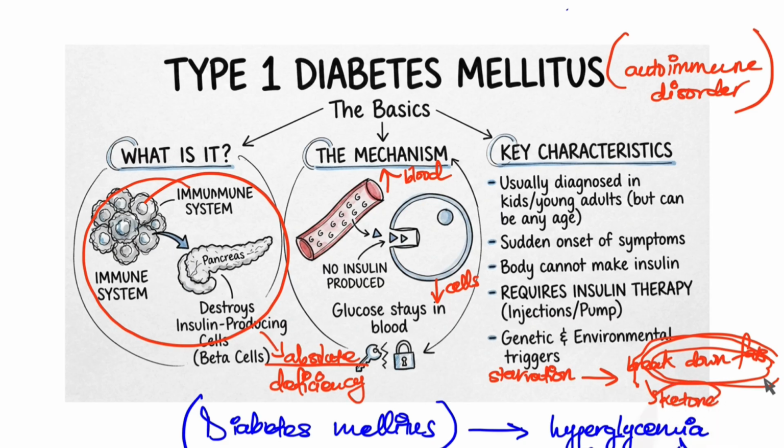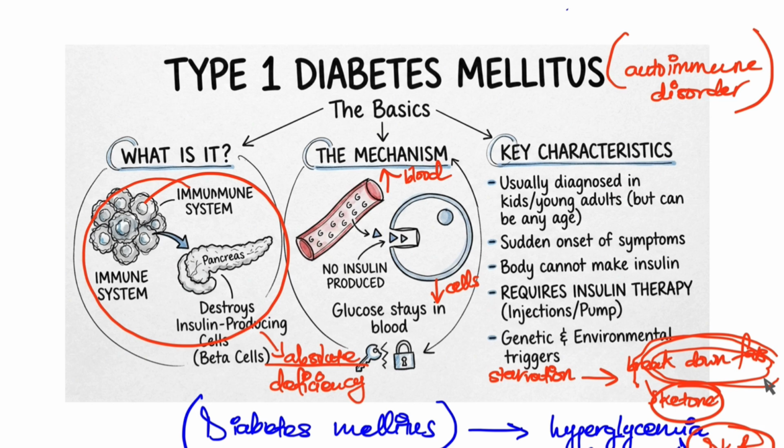Ketone bodies can serve as an alternative source of energy. However, when they are produced in excessive amounts, they accumulate in the bloodstream, lowering the blood pH and resulting in what we call diabetic ketoacidosis. Diabetic ketoacidosis is one of the most serious acute complications of type 1 diabetes and constitutes a medical emergency.